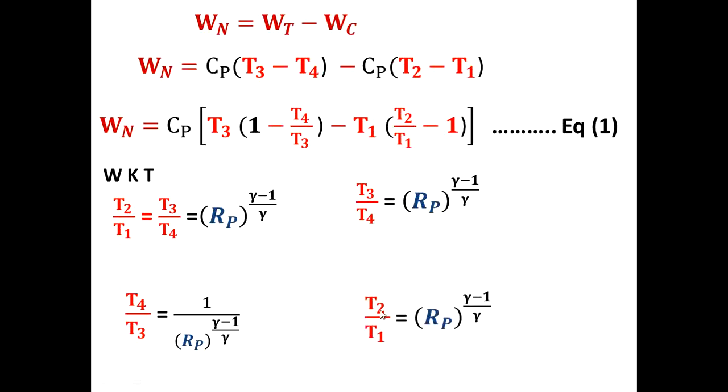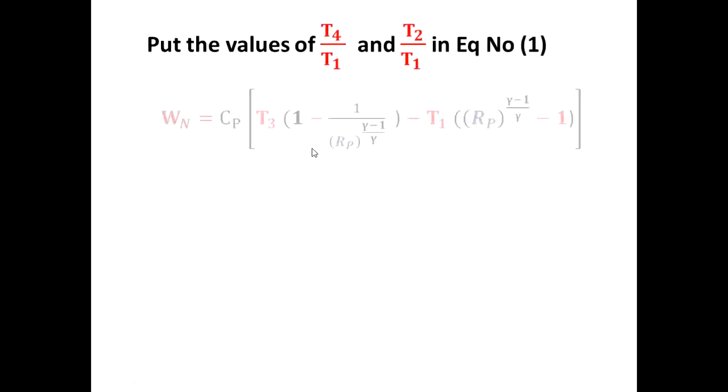Therefore, T2 by T1 is Rp to the power of gamma minus 1 divided by gamma. That you know very well. Put the values of T4 by T1 and T2 by T1 in equation number 1.